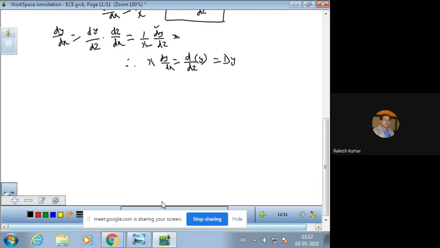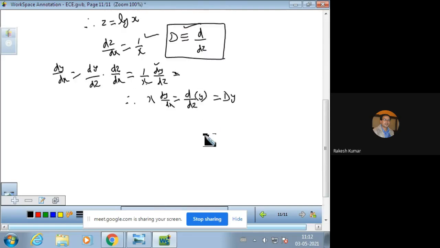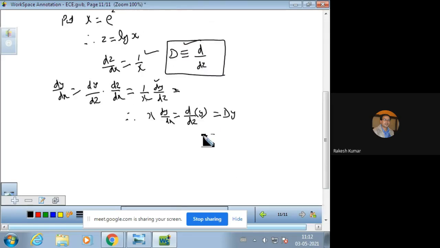It means a differential operator is substituted here, and the differential operator is capital D. So we have been able to find the value of the first order derivative term with x.